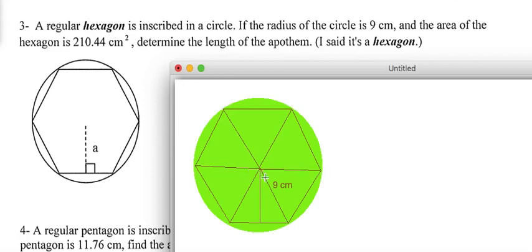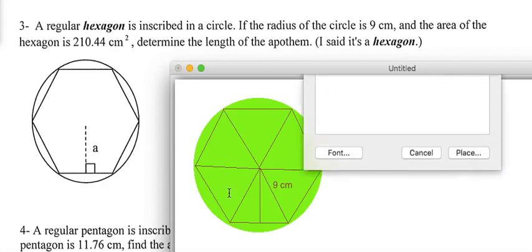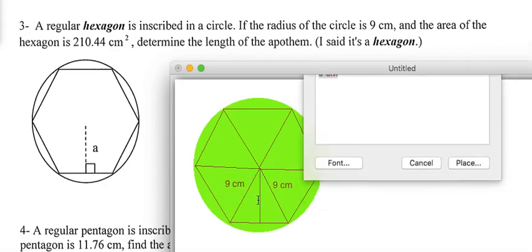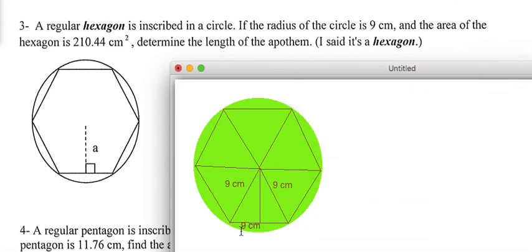So if this radius is 9 and is also one side of the equilateral triangle, then this other side is 9 centimeters, and that third side at the bottom of the triangle is also 9 centimeters, which happens to be the side length of my hexagon as well.